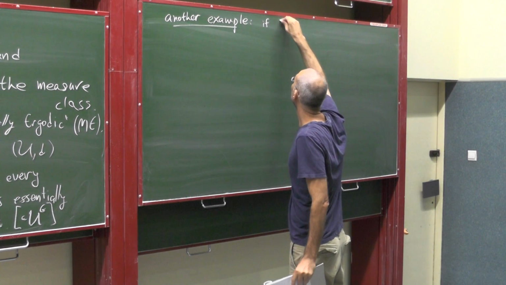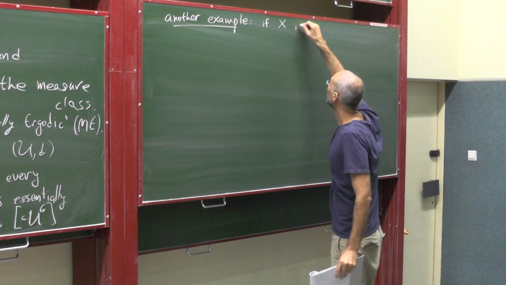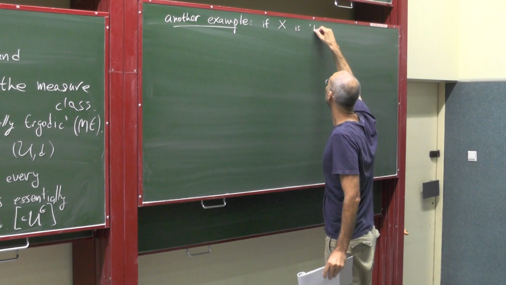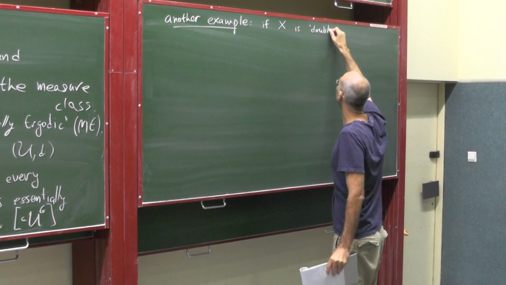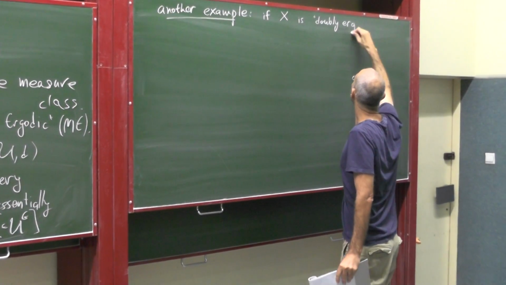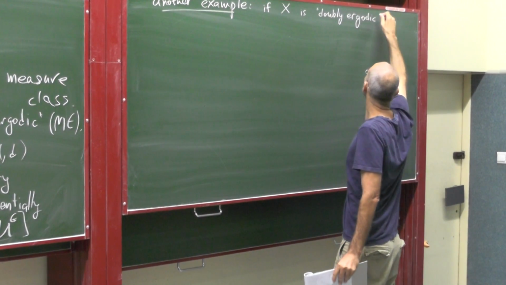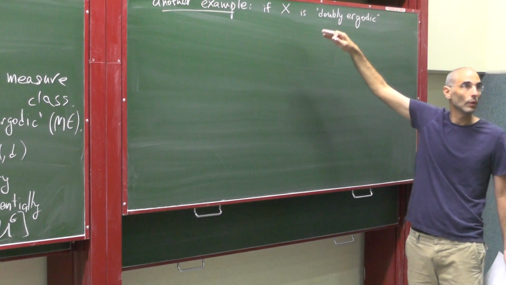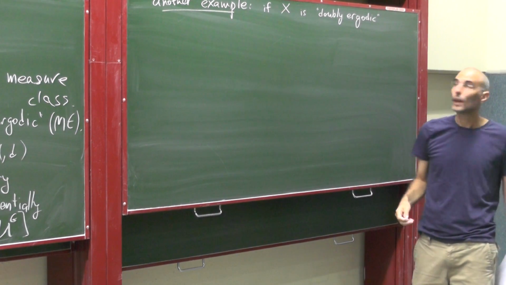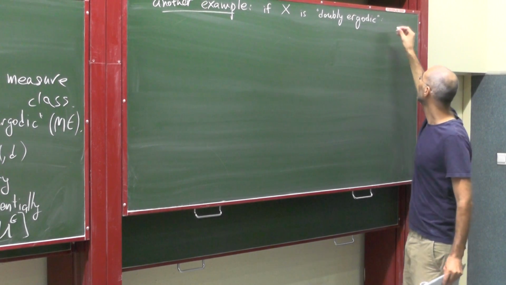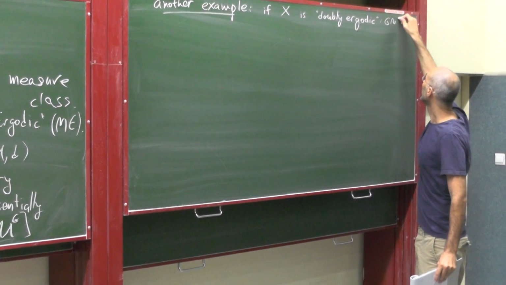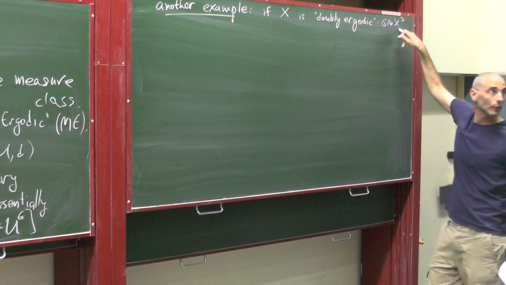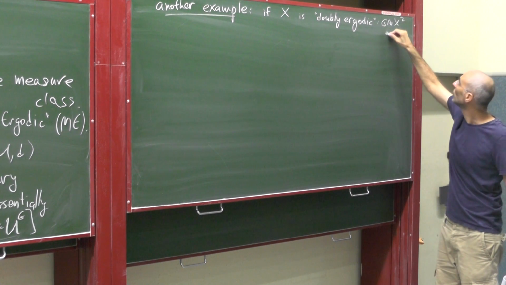If X is doubly ergodic, so I'm in the setting discussed before. X is elementary space, and X is doubly ergodic. This means that G acts not only on X, but on X squared with the product measure is ergodic.